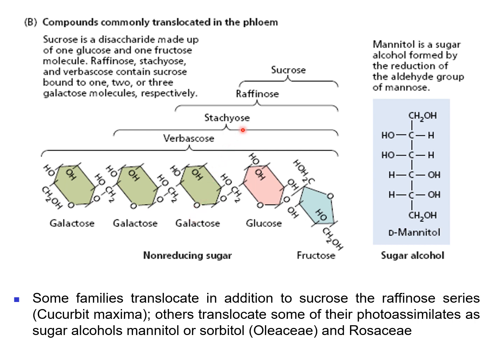Stachyose consists of sucrose bound to two galactose molecules, and verbascose consists of sucrose and three galactose molecules. Others translocate their photoassimilates as sugar alcohols like mannitol or sorbitol.